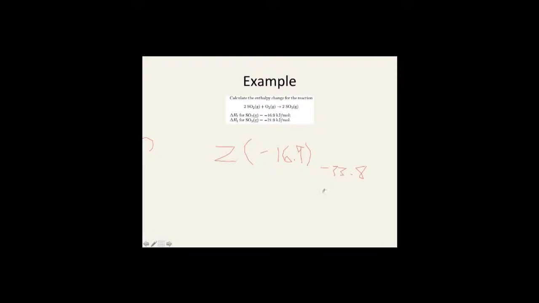and then you would have to find the products, which would be SO3, and then you would multiply negative 21.9 times 2 because there are 2 moles of it, which equals negative 43.8.